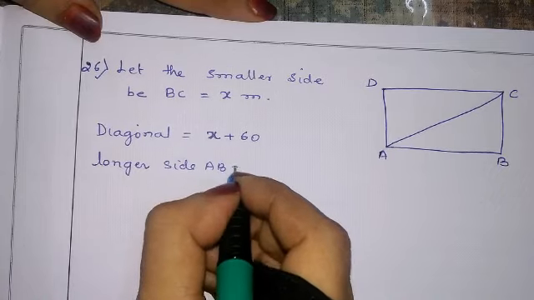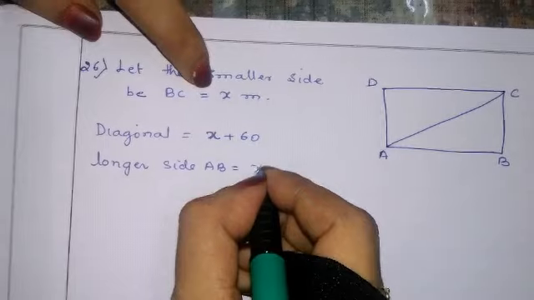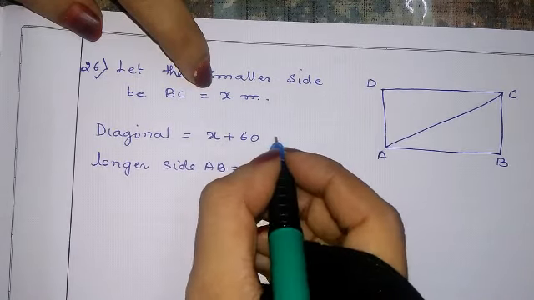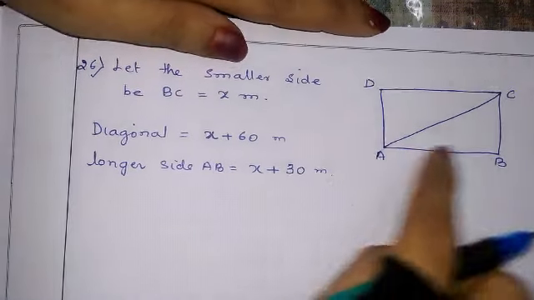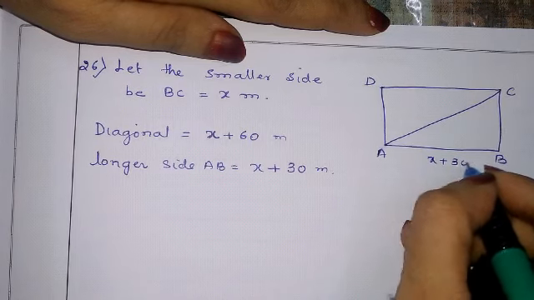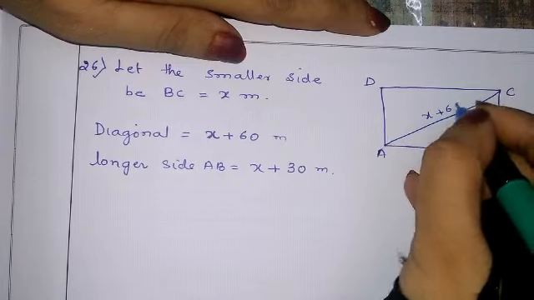They have told the longer side is 30 meters more than the smaller side, x plus 30. So we got this. Find the sides of the rectangle, they have told. Okay, we'll write: longer side is x plus 30, smaller side is x, and diagonal is x plus 60.